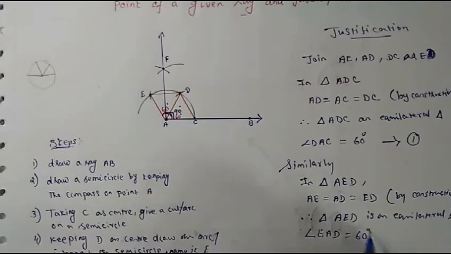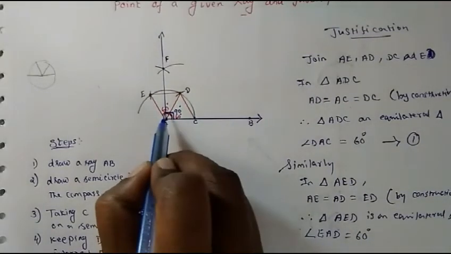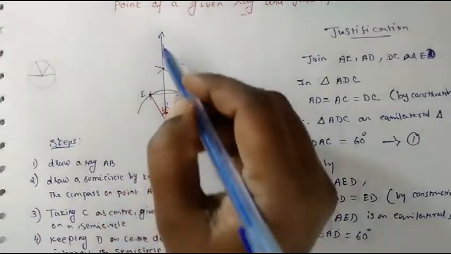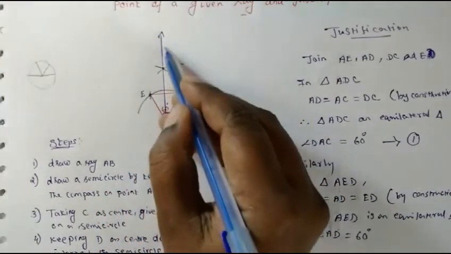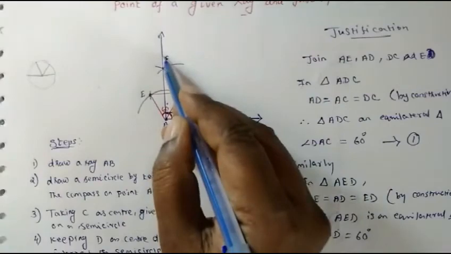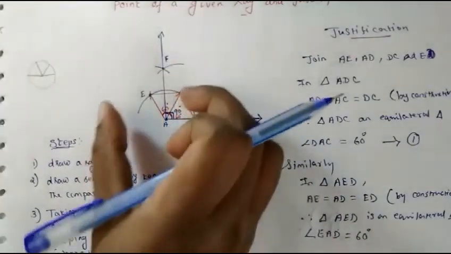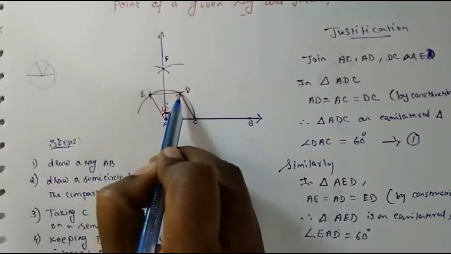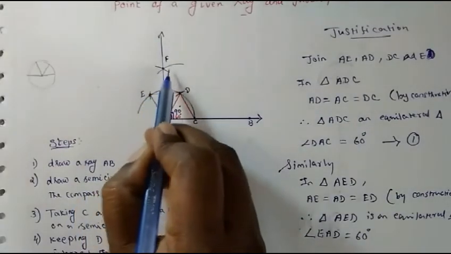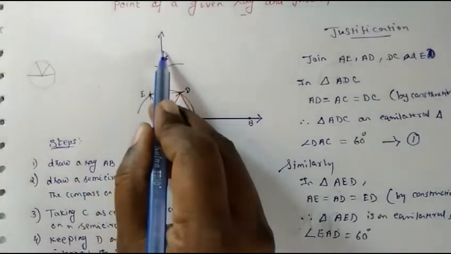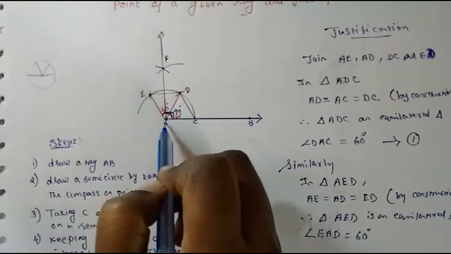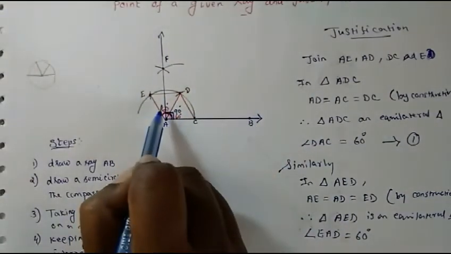If this is 60 degrees, you will see here this line. This is a perpendicular bisector. It is dividing this angle, because we have kept a compass at this point and divided this angle. So it is a bisector, dividing this angle equally.